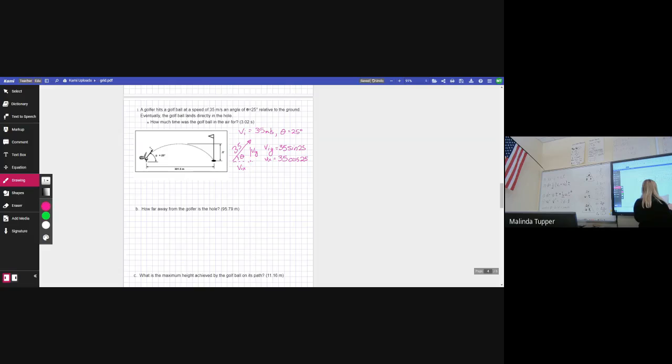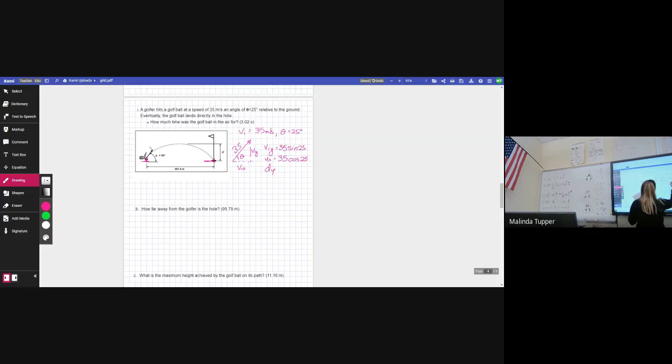And then from there, what am I trying to figure out? What else do I know? We're trying to figure out how much time it was in the air, so we're trying to find the total time that it takes to get from here to here. It goes up and it comes back down, so the distance that it has moved vertically from here to here is 0.